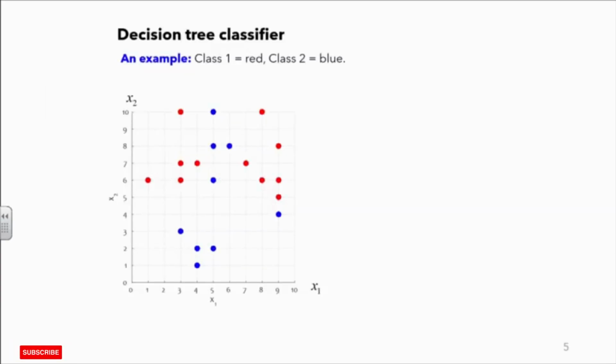So let's consider this example. We're going to look at a decision tree classifier. First of all, could we use a linear classifier here? And if not, or if yes, why?